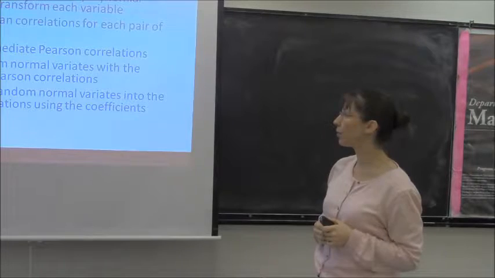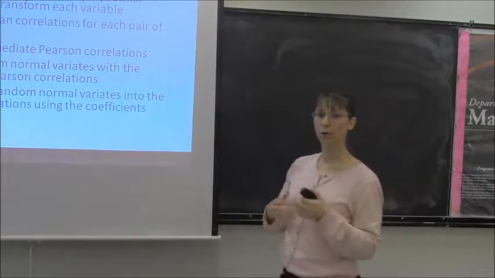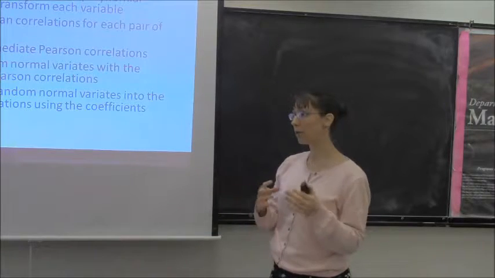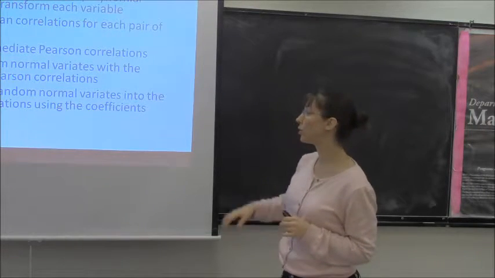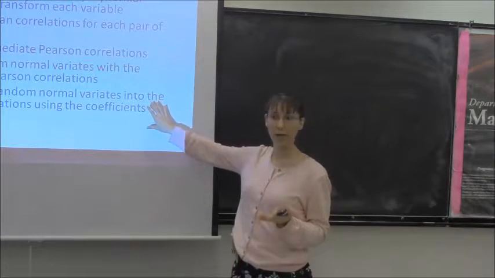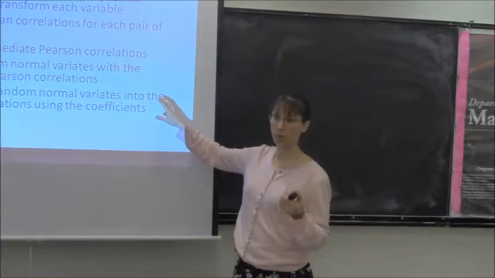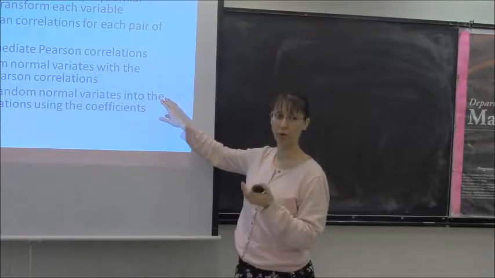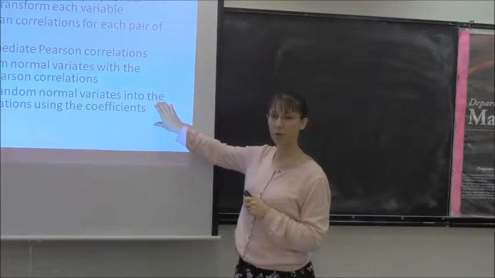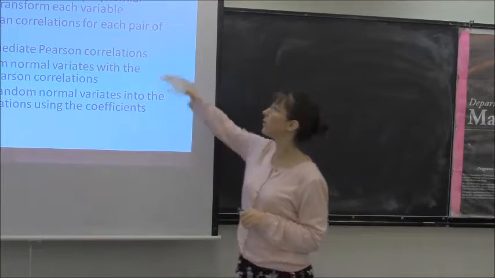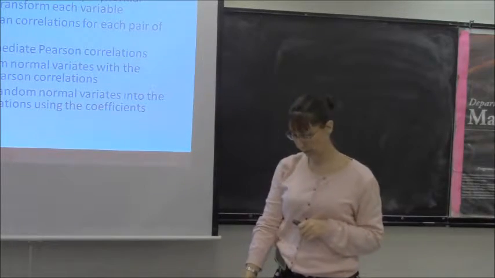intermediate correlation matrix. And then finally, once we have those standard normal random variables simulated with the intermediate correlations, we'll just apply that P of Z transformation, where there will be several transformations, one for each variable. We'll apply the P of Z polynomial transformations using the coefficients that we had in our first step.